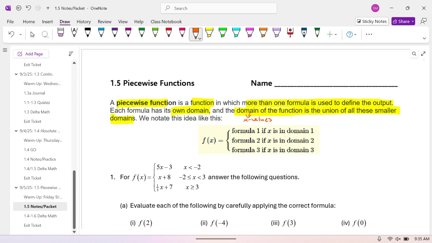All right. So when you have a piecewise function, you'll have f of x, and then you'll have a list of the formulas. That can be anything like 3x plus 1, x squared plus 2, anything like that. That's what I mean by formulas. It's what you would actually think the function is. Then the domains would be the x values where that function is valid.